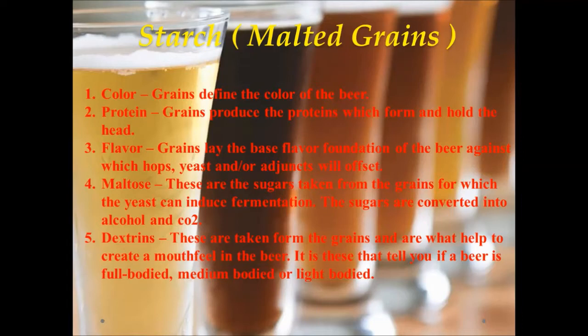Those sugars are converted into alcohol and CO2, so very important there as well. And of course your dextrins, which are taken from the grains and help create that mouthfeel in a beer. When you taste a beer and know it's a light, medium, or full body, it's really the dextrins that are triggering that to let you know what the mouthfeel is on the beer.